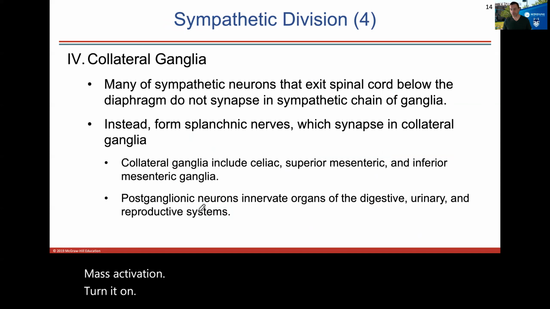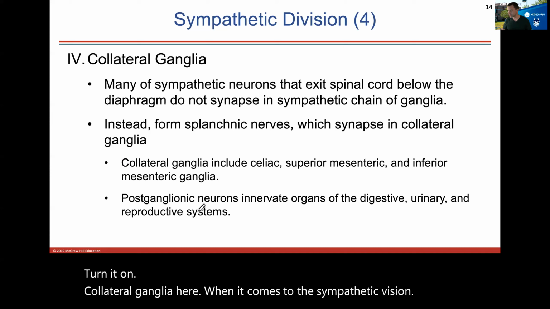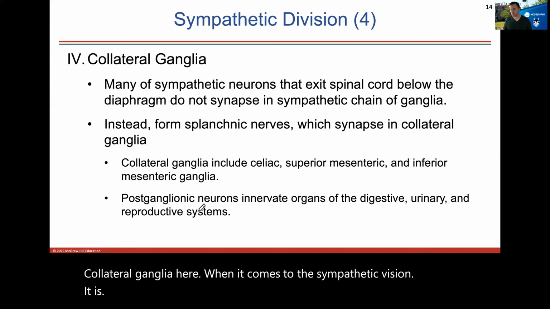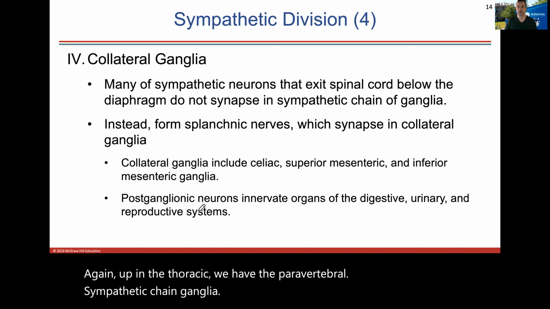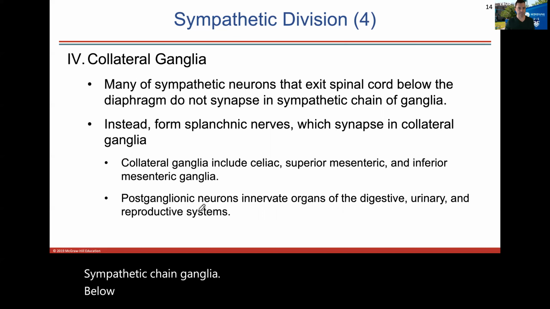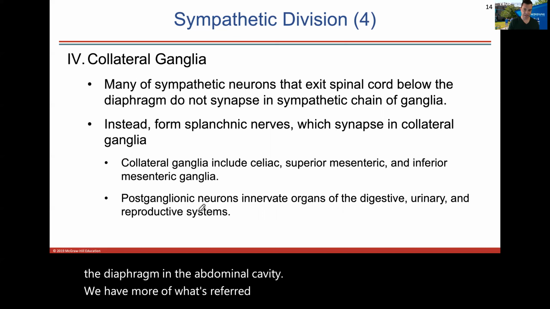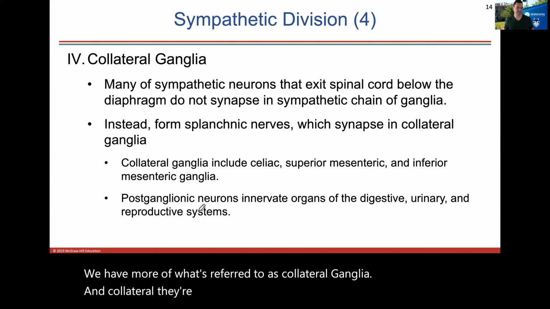Collateral ganglia here, when it comes to the sympathetic division: again, up in the thoracic, we have the paravertebral sympathetic chain ganglia. Below the diaphragm, in the abdominal cavity, we have more of what's referred to as collateral ganglia. And collateral, they're just kind of anterior, basically, to the aorta, abdominal aorta.